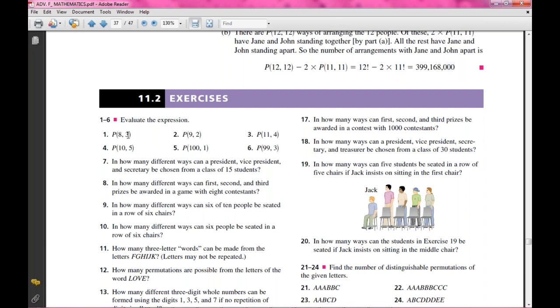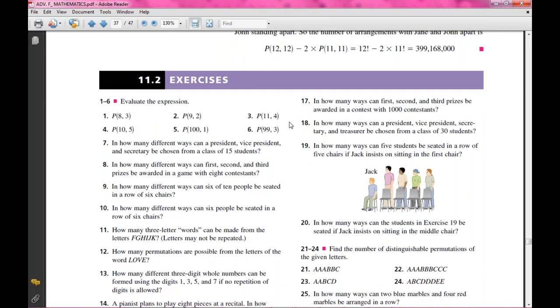You calculate that. Then question 7, question 10, and question 18. So this is the assignment that you are going to do.